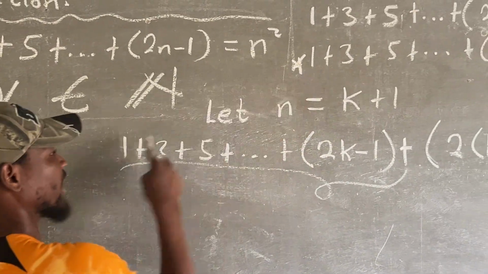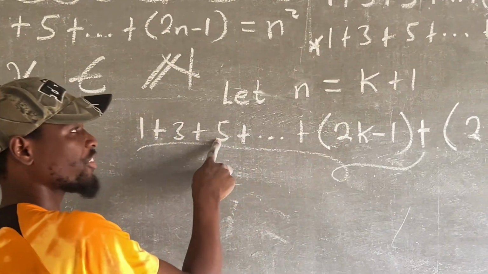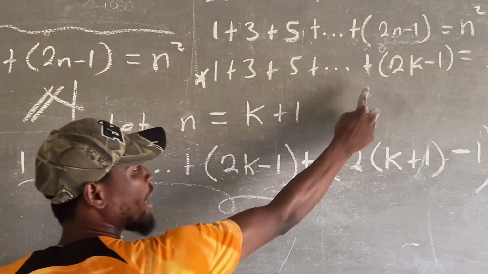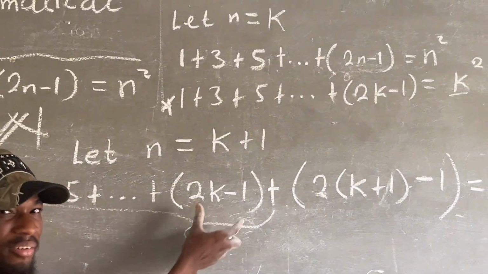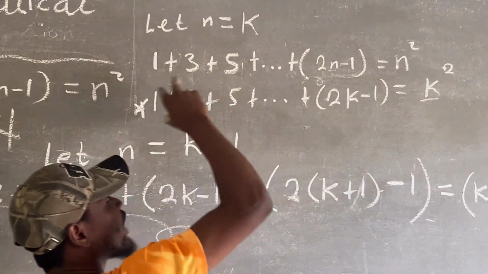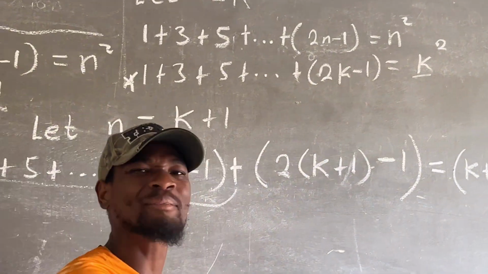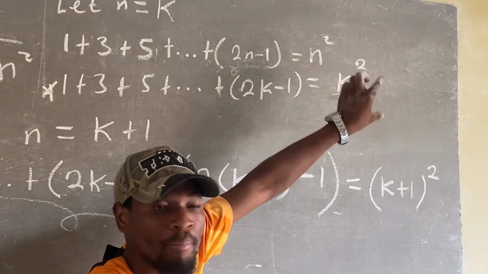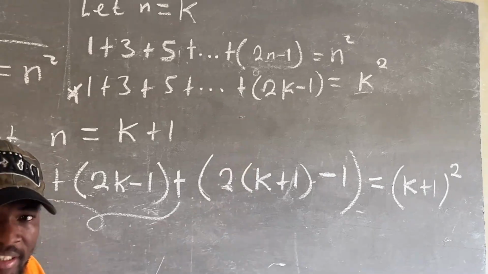I have 1 here, there's 1 here, 3 here, there's 3 here, 5 here, there is 5 here, plus here, an indefinite number of terms is also here, then plus. The whole of this series is equal to k squared. So wherever I see my k squared, it's just the same as adding the whole of these terms together.